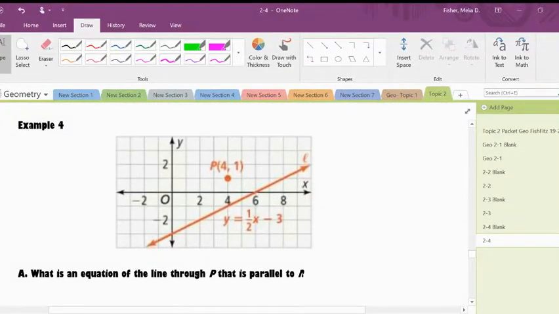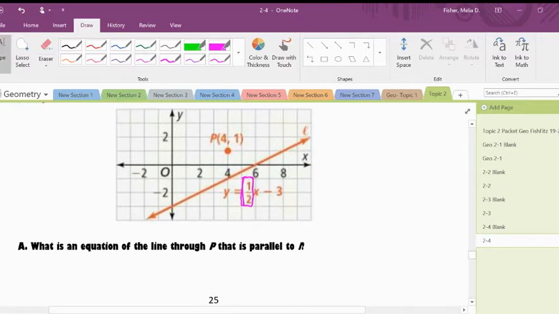In example 4, they've given us a line, and they want to say, what is the equation of the line through P that is parallel to L? Well, we need to identify the slope of L. In this particular picture, they have given us the equation, so we can just identify the slope right here as 1/2. So the slope for L is 1/2.